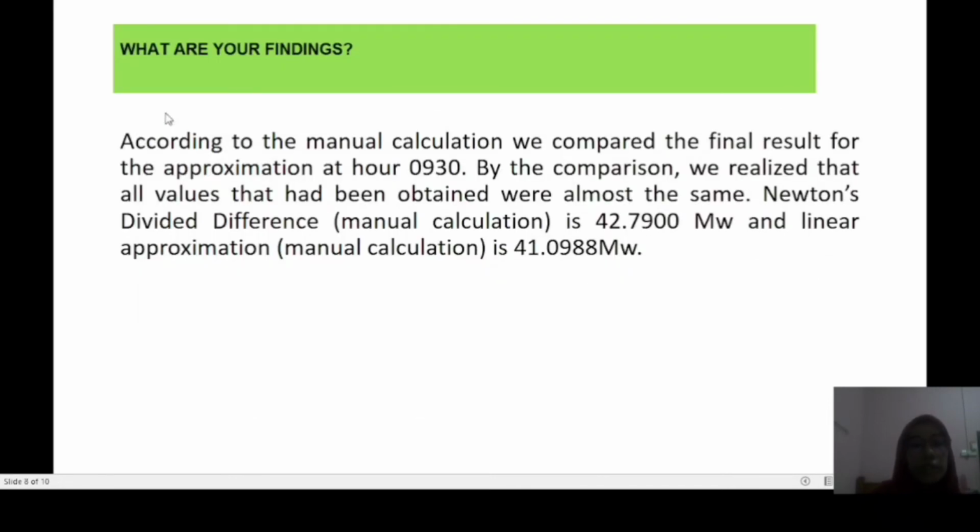What are your findings? According to the manual calculation, we compare the final result for the approximation at hour 0930. By the comparison, we realized that all values at that time were almost the same. Newton divided difference manual calculation is 42.7900 and linear approximation manual calculation is 41.0988.